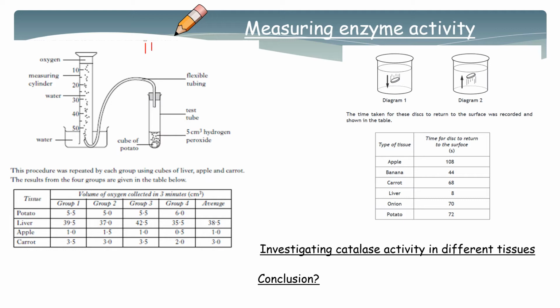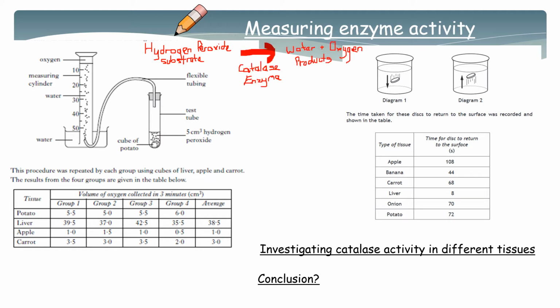So hydrogen peroxide would be your substrate, so Harry Potter's, and then we would want our enzyme, which would be our catalase, so cat, and then we would have our product, which would be our water and our oxygen. So Harry Potter's cat went out.